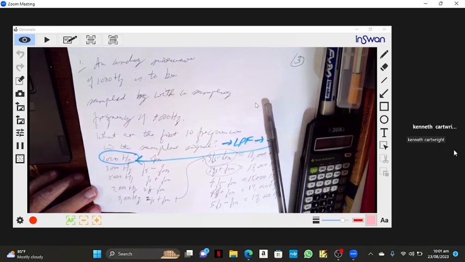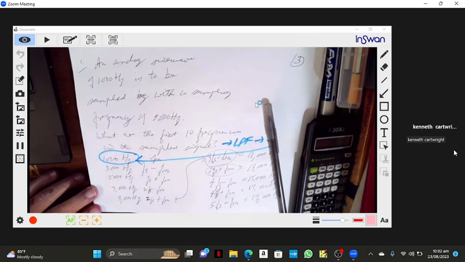What is a digital signal? Let's ask the question a different way. I wrote down that a digital signal has two properties: discrete in time and discrete in amplitude.